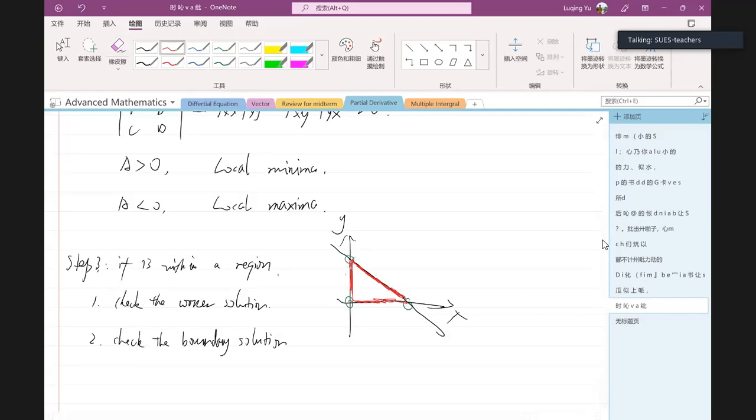These 3 boundaries you have to do by yourself, all of them, because you don't know what this function looks like.